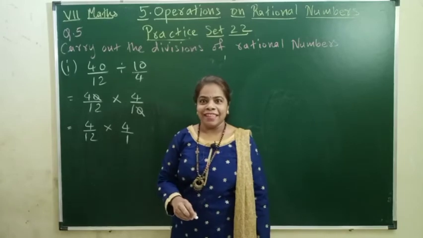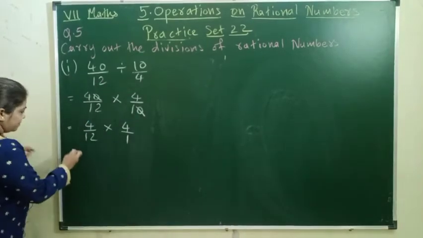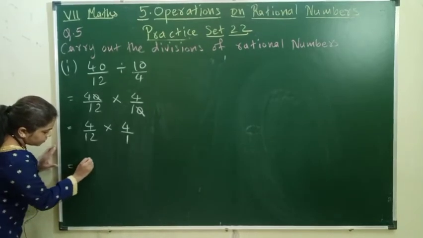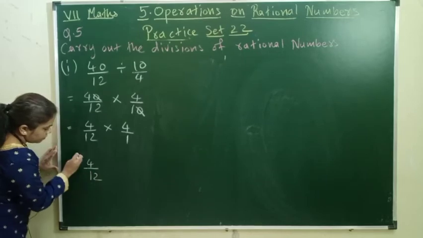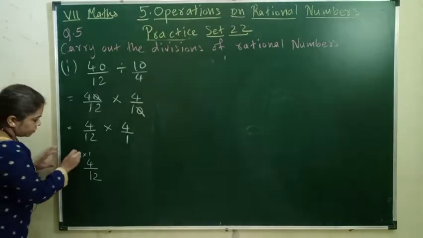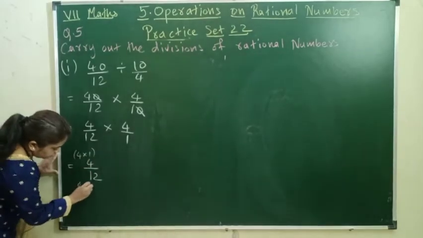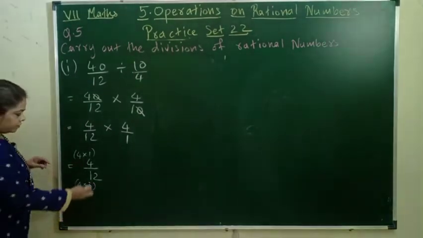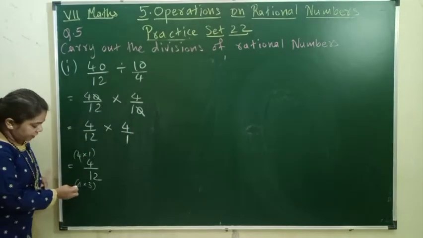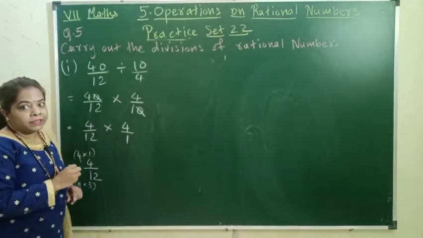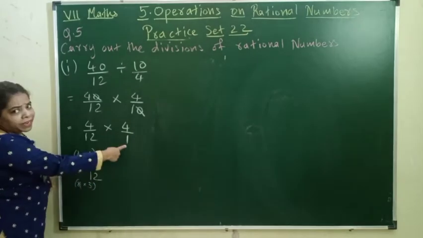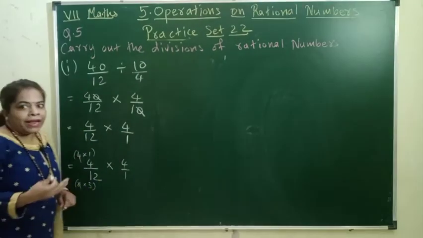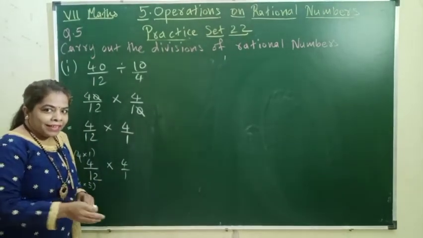So let's cancel them. This 4 and this 4 we are going to cancel. This we will write down into 4 upon 1. Let's finish up now.